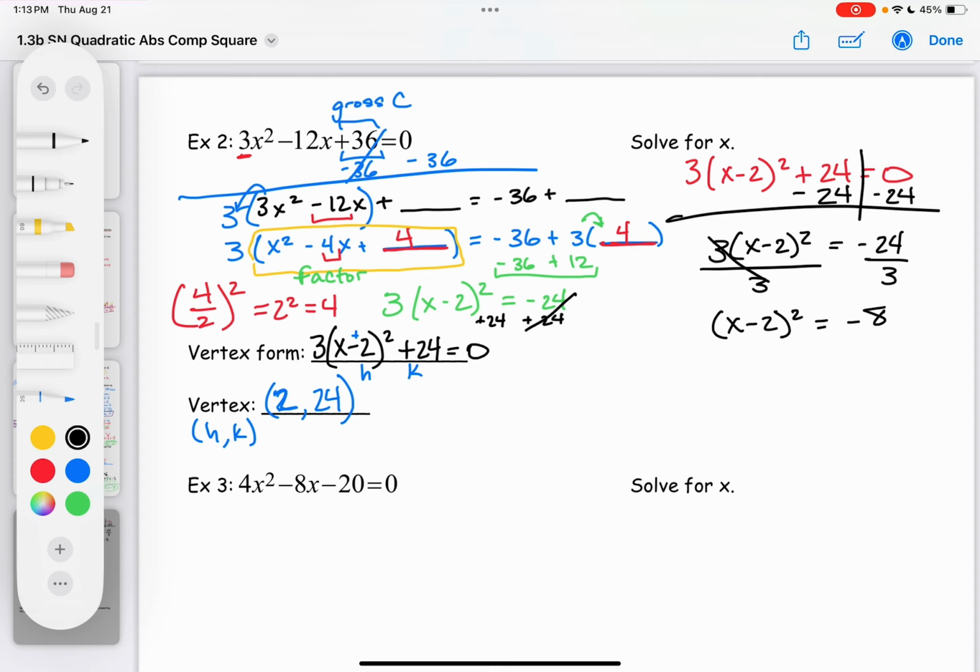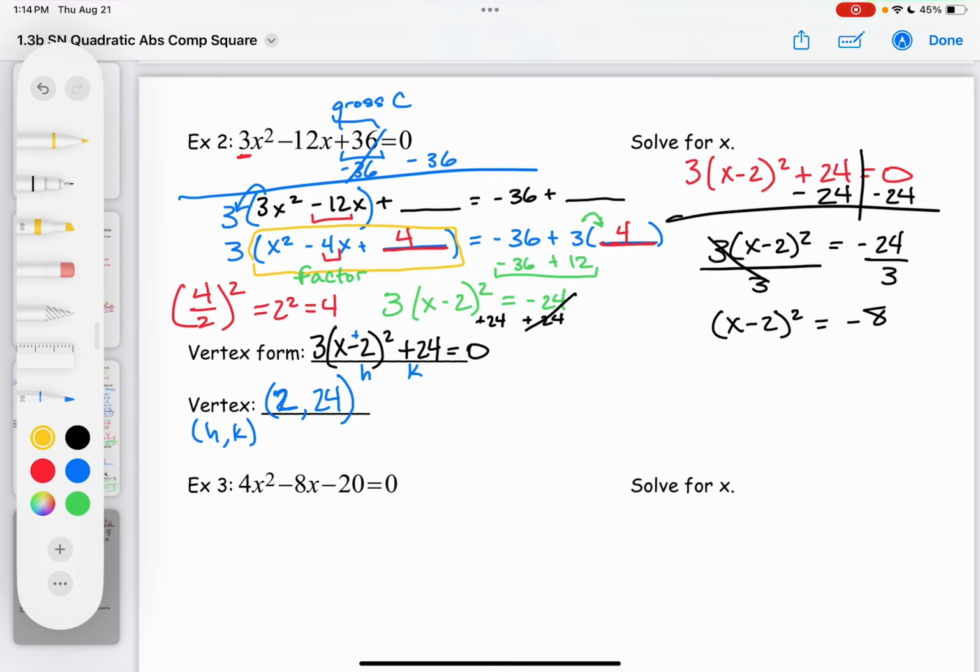And then I think I'm about to run into a big error that I shouldn't have run into. There's the tardy bell, by the way. So what I'm about to do is I've got to find the square root of both sides, and that's going to give me an imaginary number. So what I need to do, this is not right, but I'm just changing it for the sake of the problem.